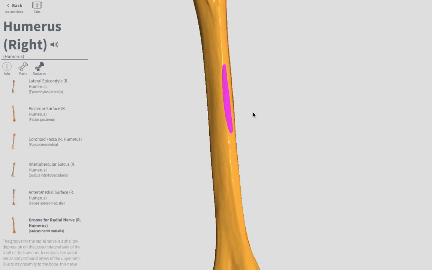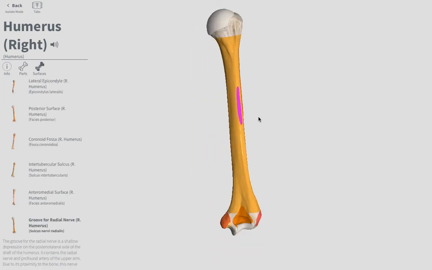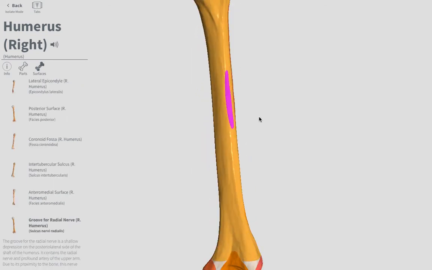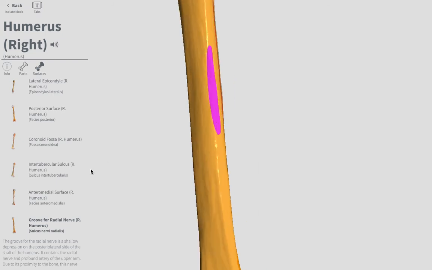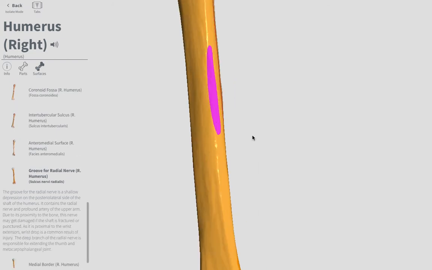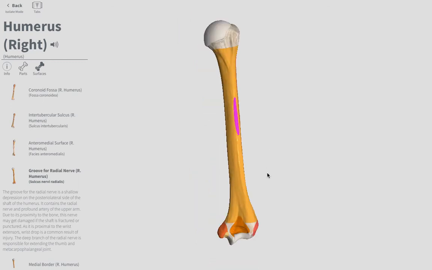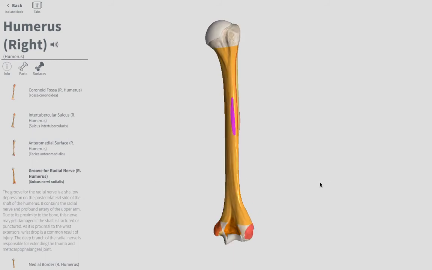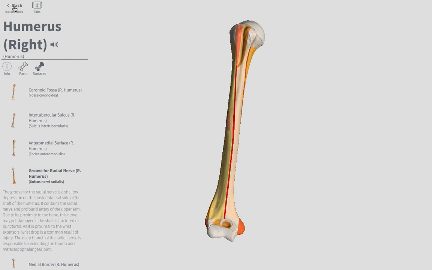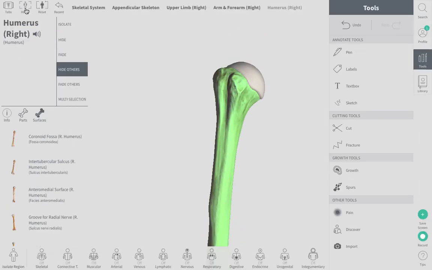And it is midway along the shaft. That is the groove for the radial nerve. Down here so you could read it a little. But that is your radial groove. So posterior lateral. Not easy to say. So those are your parts and surfaces for the humerus.